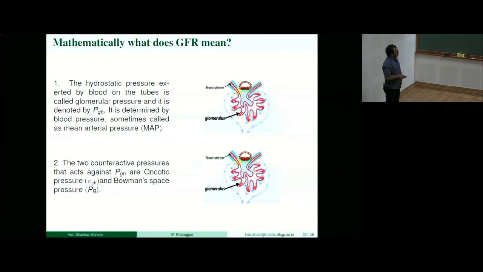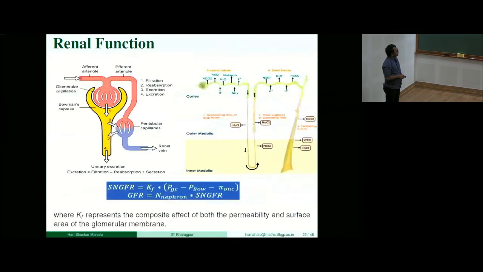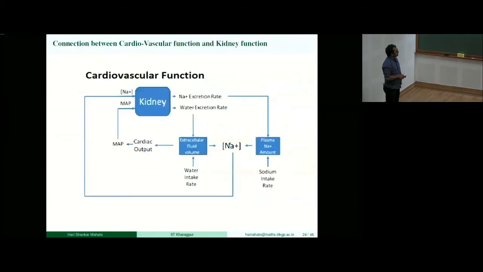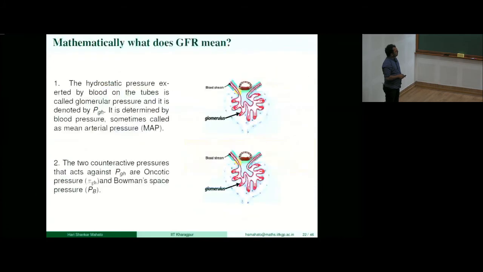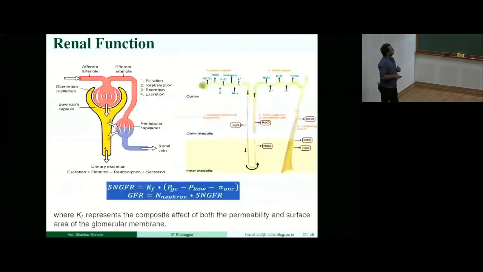So the net pressure will be given by the difference of the hydrostatic pressure that is entering here minus these two opposing pressures. Whatever you have entering, the hydrostatic pressure minus the counteractive pressure, that will be the net pressure, and then you multiply by a scaling factor, Kf, and that Kf multiplied by this net pressure is called the filtration rate for 1 nephron.